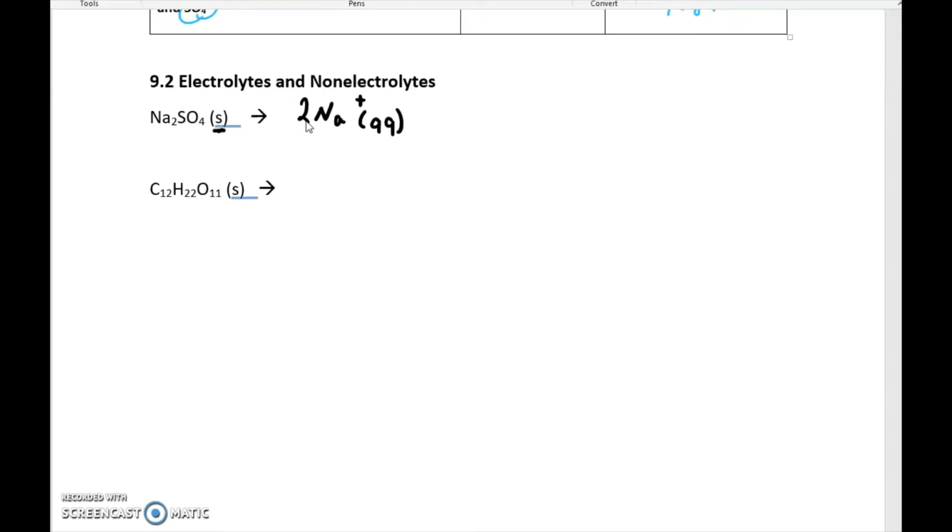We put AQ plus, and then we'll have a sulfate with the 2 minus charge, and it'll also be aqueous. So sodium sulfate dissolves into ions, and it is an electrolyte.